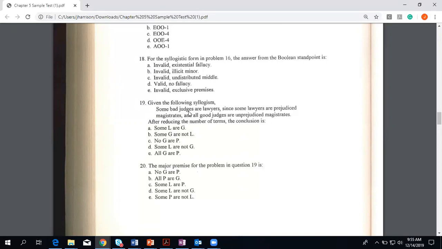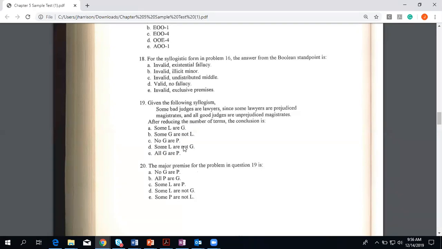But we can't use bad judges. But we know that bad judges is the same as not good judges. So our conclusion, after reducing the terms, would be some lawyers are not good judges, or some L are not G. Because we want to get it into categorical form, and G is good judges, that would be logically equivalent.